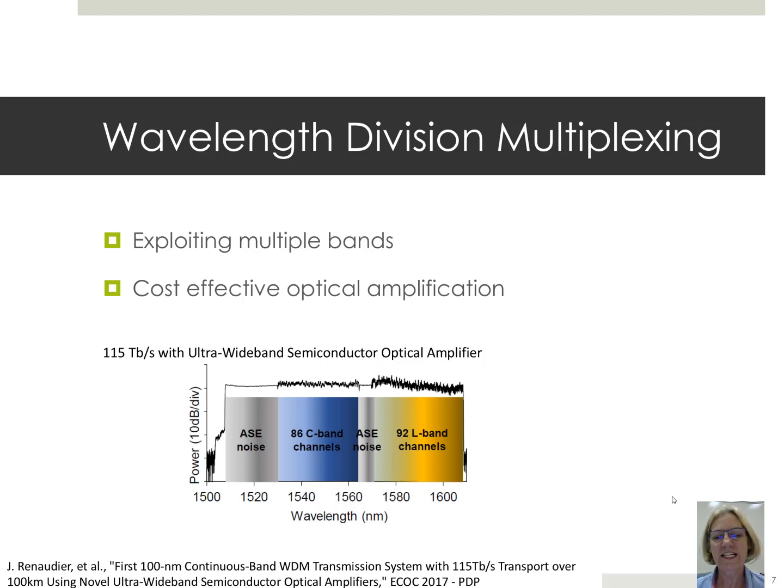And we were able to get 86 channels in the C band and 92 channels in the L band. We can see that there are some gaps in between the bands, which are probably less well amplified, and other reasons. But the total transmission over this fiber link was in the terabits per second. So we've seen that wavelength division multiplexing has let us grow the capacity of optical communications tremendously, from the gigabits per second in the early years to the terabits per second today.